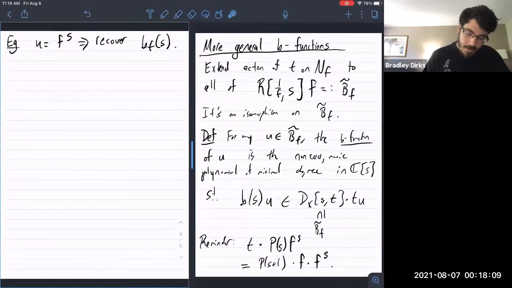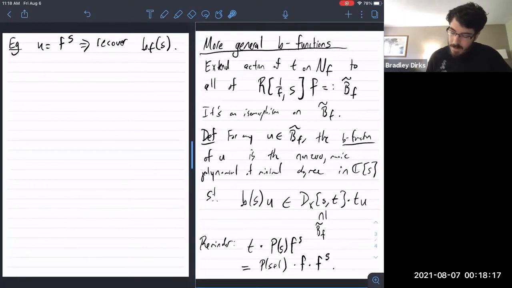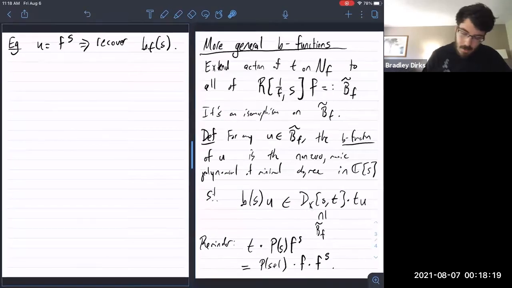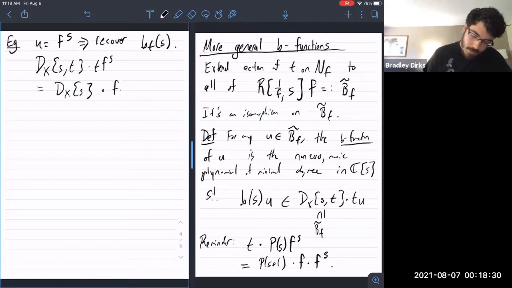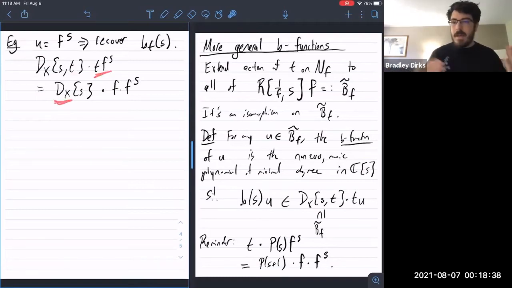But what happens is when you're just multiplying by f^s, all of the t action is just multiplying by powers of f. And those are captured by the D_X term already. So even though it's D_X[s,t] times f^s, this is equal to D_X[s] times f^s, because all of those t's are just giving us more and more multiples of f on this symbol, and those are captured by the D_X action.